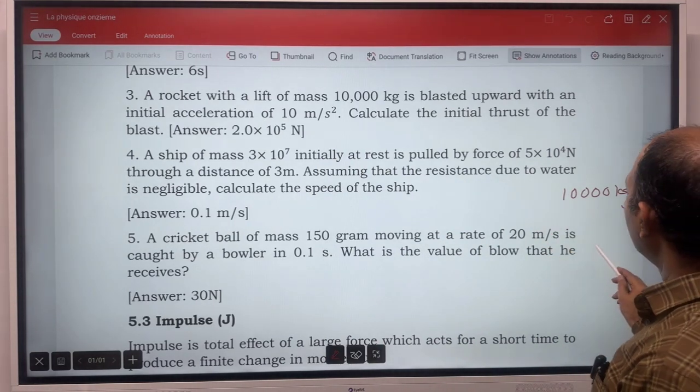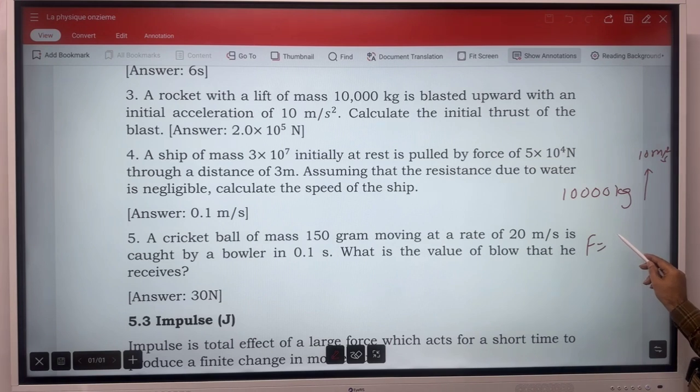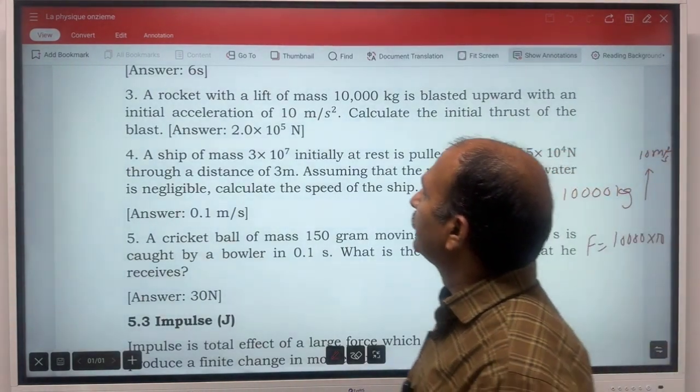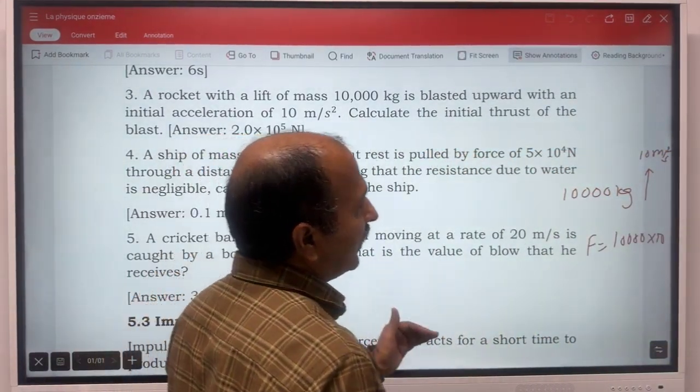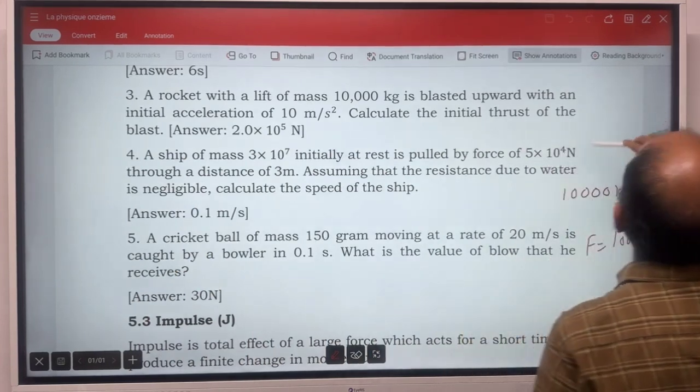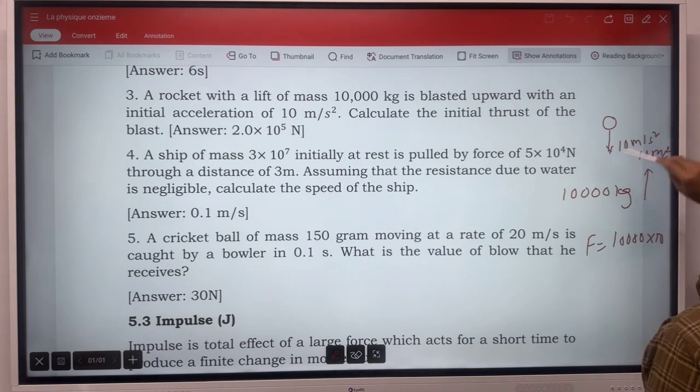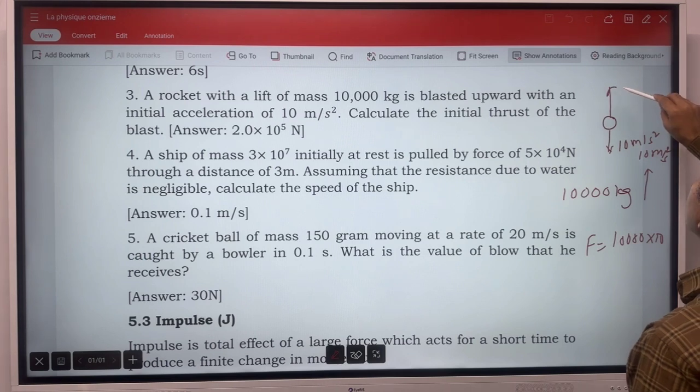Now the question is, will the answer be F equal to this 10,000 into 10? F equal to MA? No. In any case, no. Because you know, when the body is here, acceleration due to gravity will act in the downward direction and its value is 10 meter per second square. Here net acceleration is 10 meter per second square.